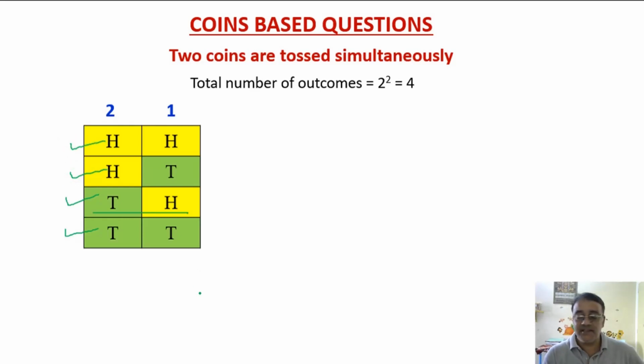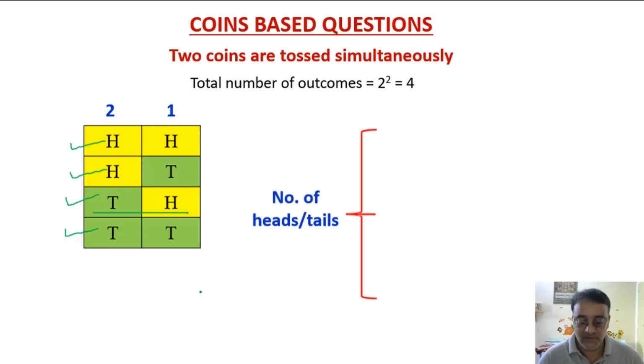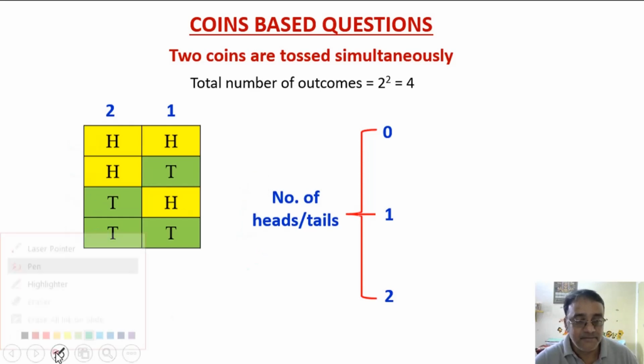So that means the possible number of heads is 0, 1, 2. Okay, so first 0, 1, 2, and for tails also these are the same. If we count for tails, these are the same. Any doubt here? No, sir.